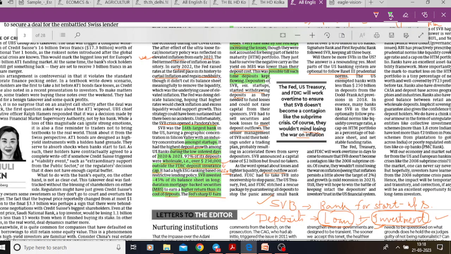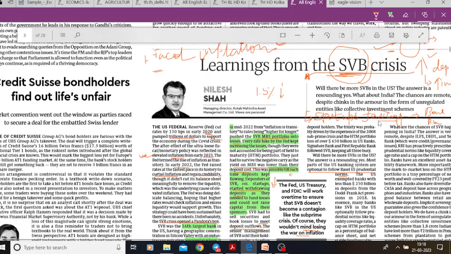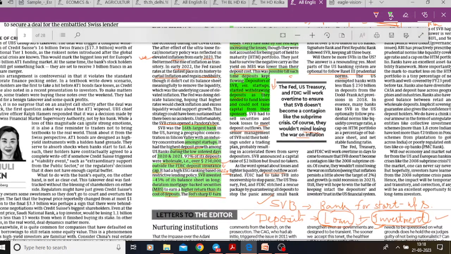But depositors of SVB, that is startups, started withdrawing deposits as they needed to fund losses and could not raise capital from their sponsors. That is a coincidence: when the bank is not performing well, at the same time startups are also failing. So how do they fund their losses? They had to withdraw money from banks, right?